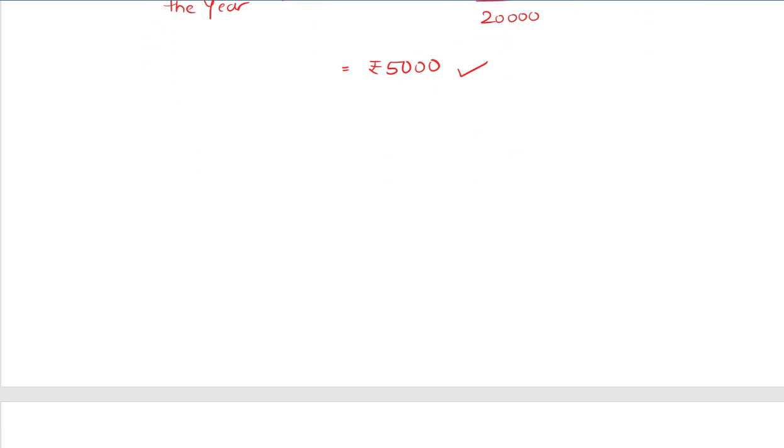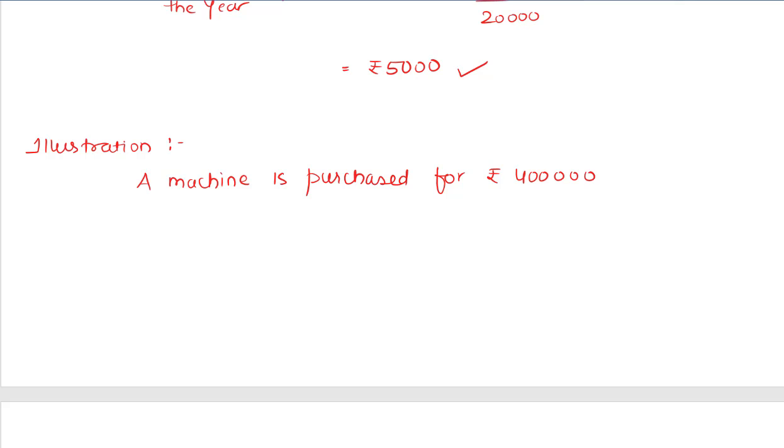Let us continue. Write an illustration in relation to this. A machine is purchased for rupee 4 lakh.